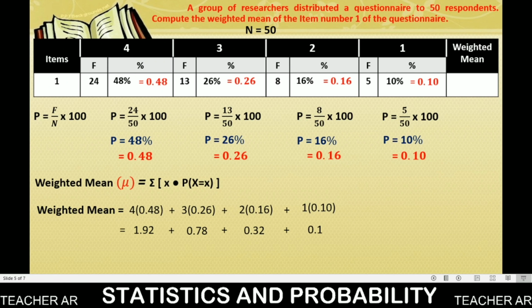So let's add all the results. The weighted mean is 1.92 plus 0.78 plus 0.32 plus 0.1. The result is 3.12. So the weighted mean in item number 1 is 3.12. That is how we are going to compute the weighted mean.